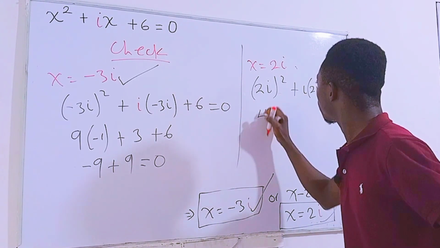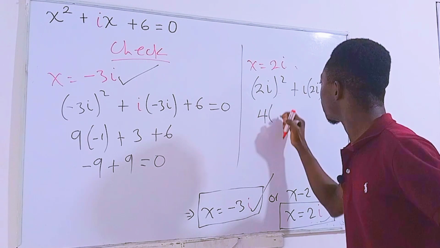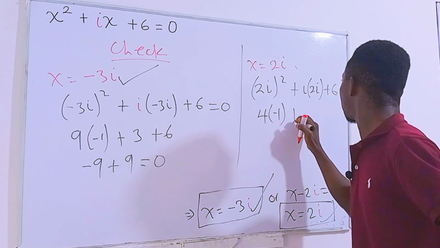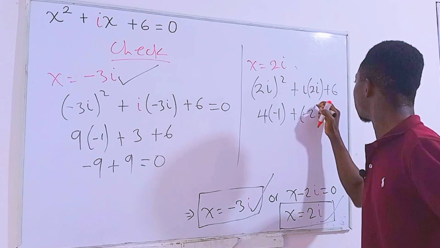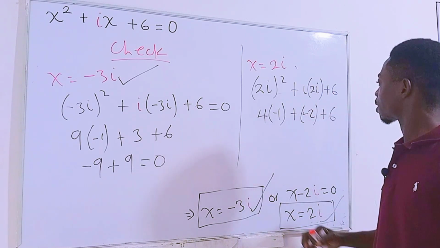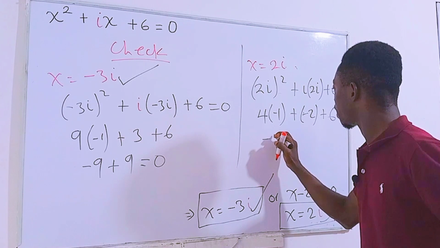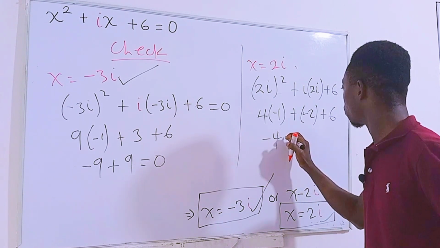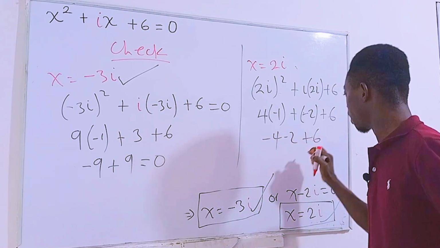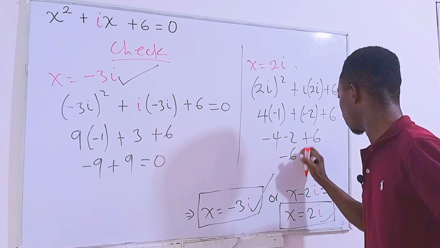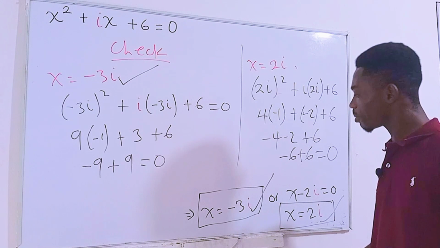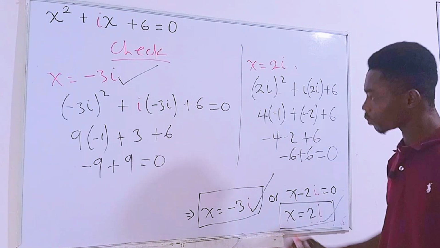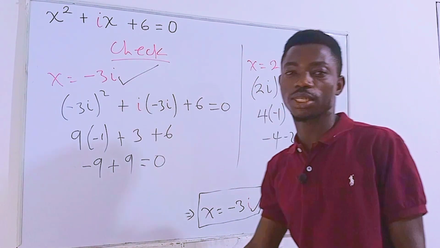We are going to have 4, then i squared is nothing but negative 1, then plus i times i is negative 1 times 2, that is negative 2, then plus 6. This right here will give us negative 4, then this will also be negative 2 plus 6. Of course, we have negative 6 plus positive 6, which is also 0. So it means that these two solutions really satisfy the equation right here.